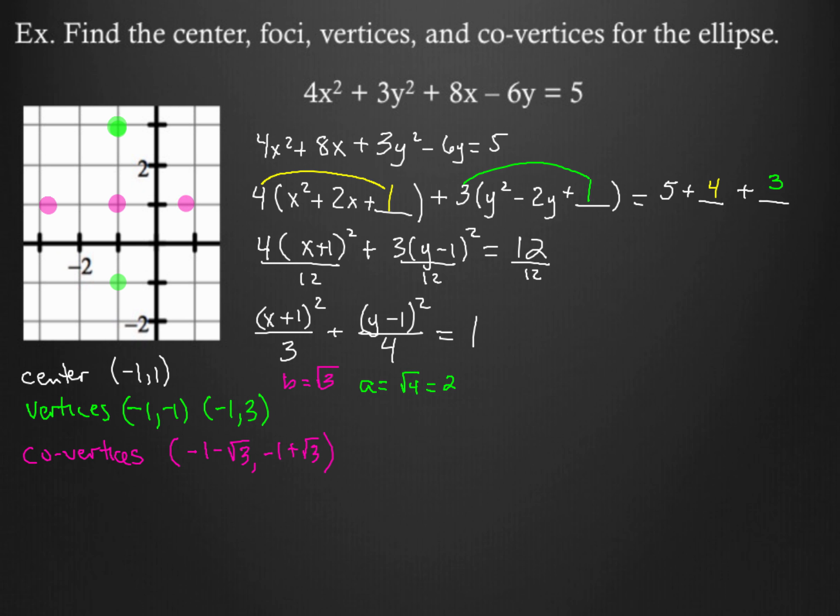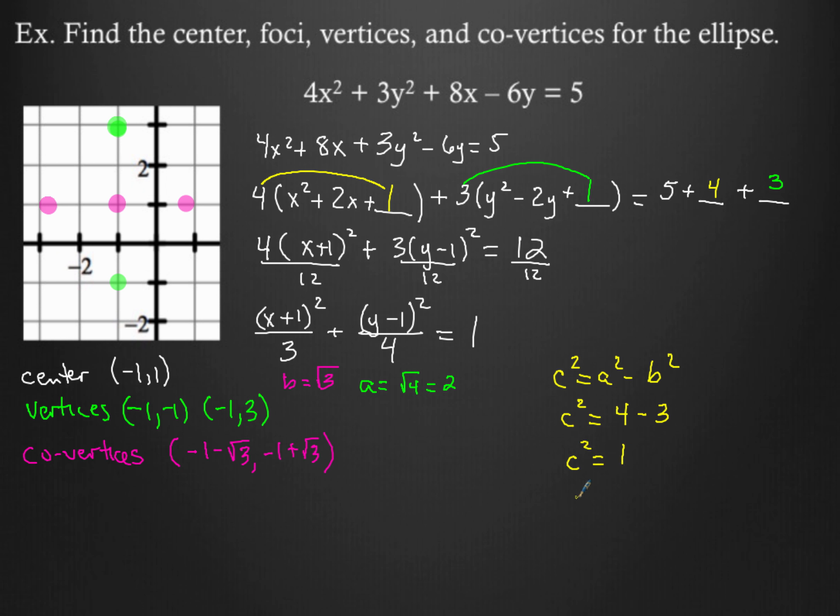Now the last thing I need to find is my foci. In order to find the foci, I'm going to set up my equation: c squared equals a squared minus b squared. To find c squared, I'm just going to plug in the a squared value, that's 4, and the b squared value is 3. So the value of c squared is just going to be 1.